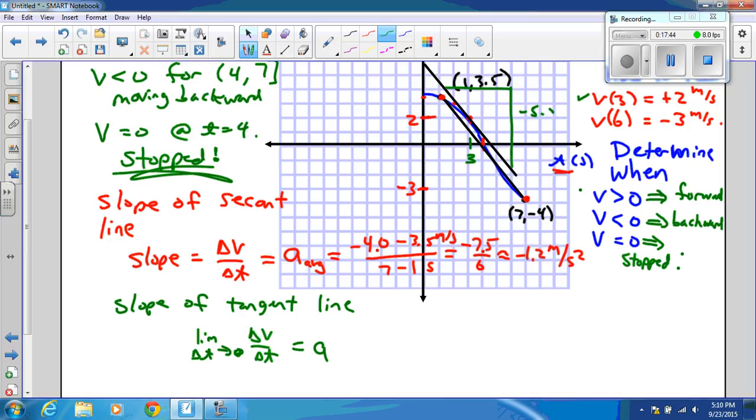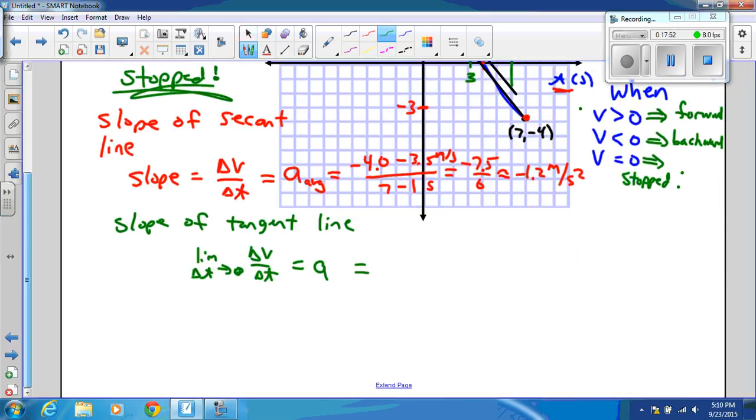as rise over run. It looks like my rise is negative 1, 2, 3, 4, 5 and a half. And my run looks to be 1, 2, 3, 4 and a half.